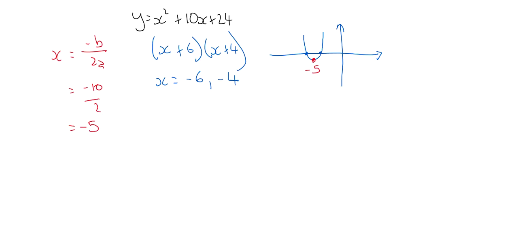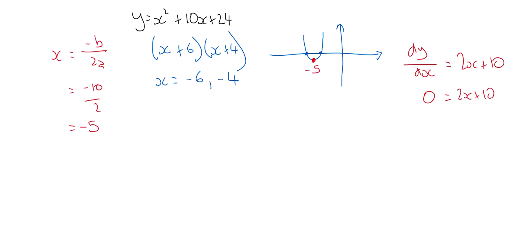So I'm going to prove the same thing using the derivative. If I differentiate this equation, dy/dx is 2x plus 10. Now I want to know what my x value is when the derivative is 0. Remember the derivative measures the equation of the gradient, and the gradient at a stationary point is 0.